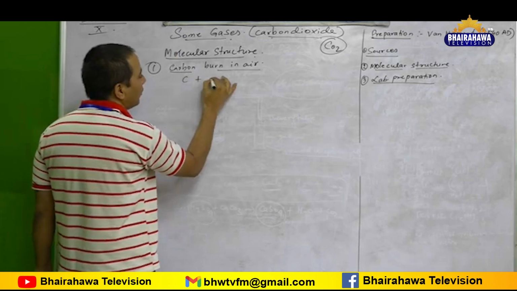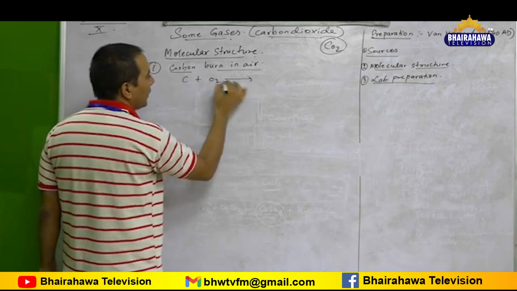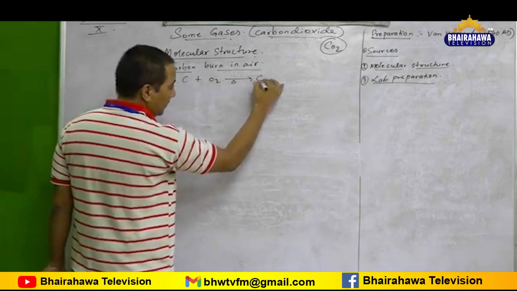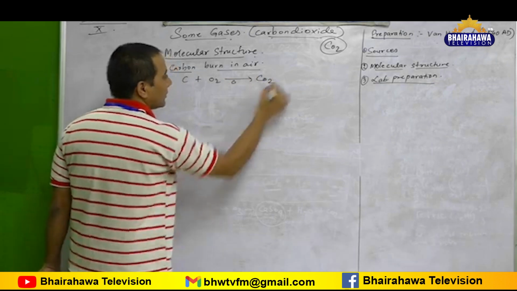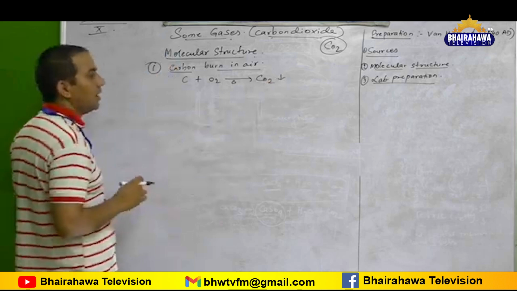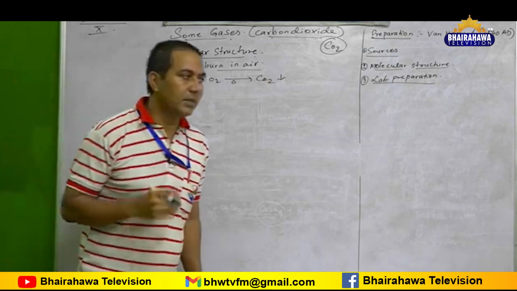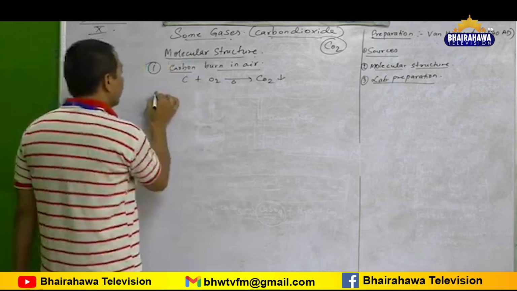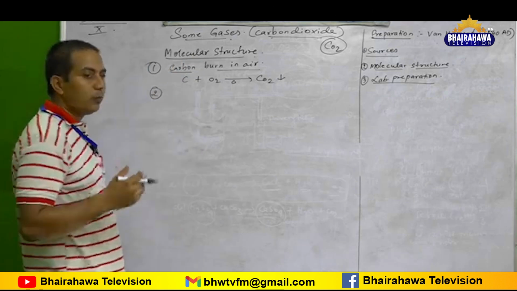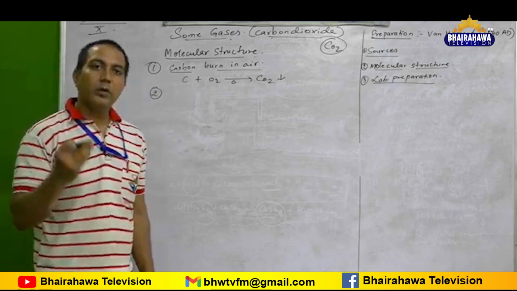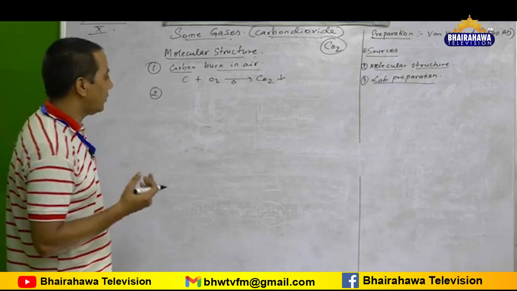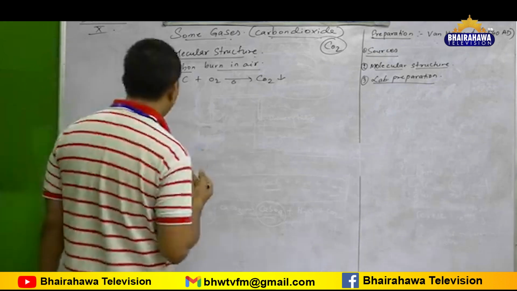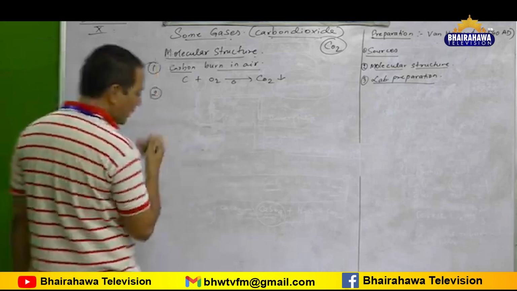C plus O2, then what happens? It produces carbon dioxide gas, which is a heavier gas. So, we come to know that if we burn carbon in air, it will produce carbon dioxide.